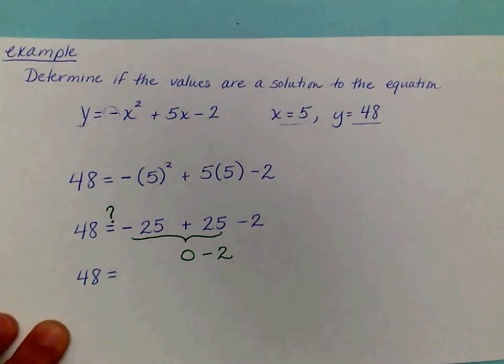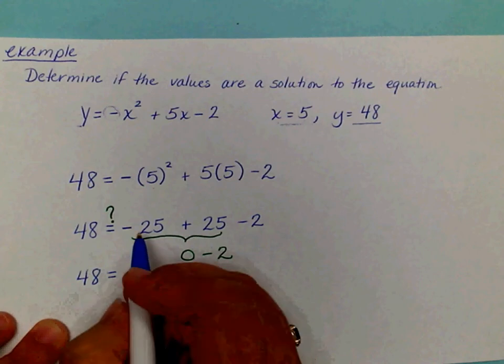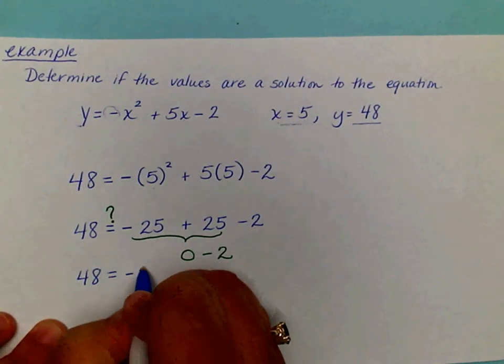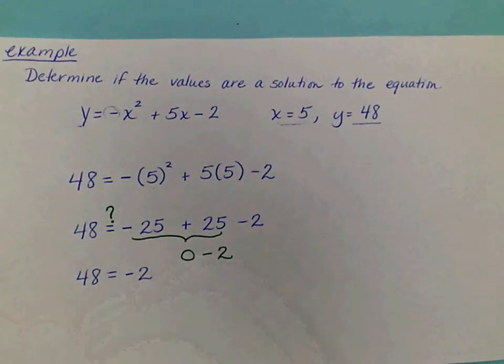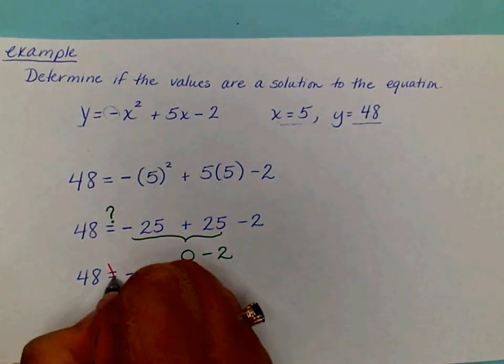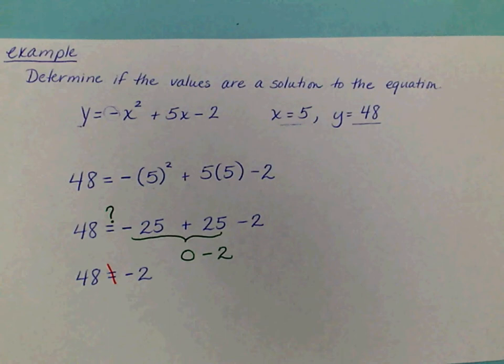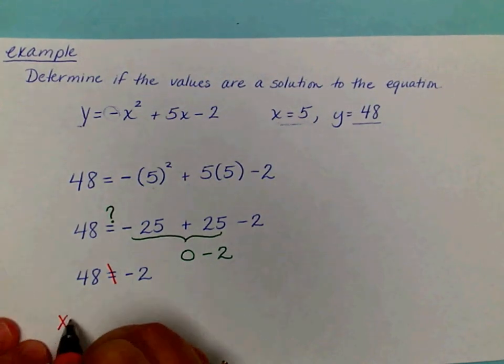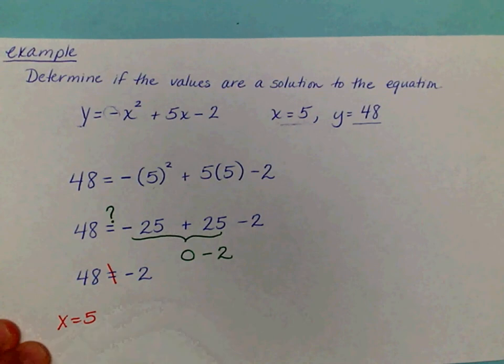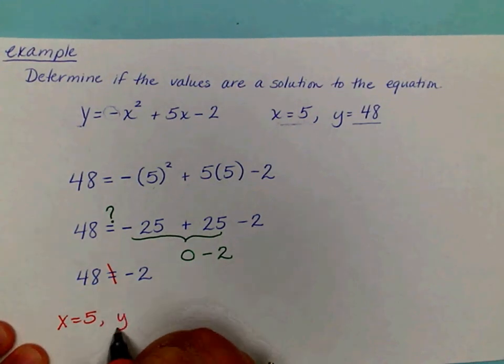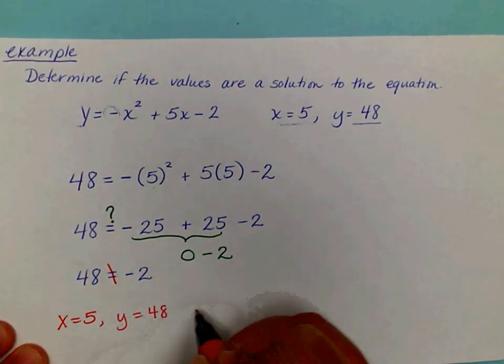So now we have 48 is equal to negative 2. Uh-oh. Guess what? That's not equal. So since that's not equal, it turns out that these values that they gave us in the beginning, x equals 5 and y equals 48, are not solutions.